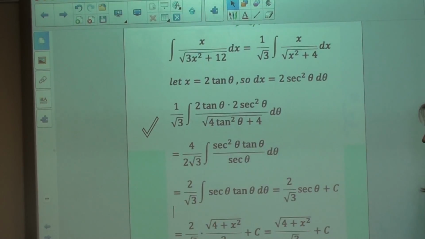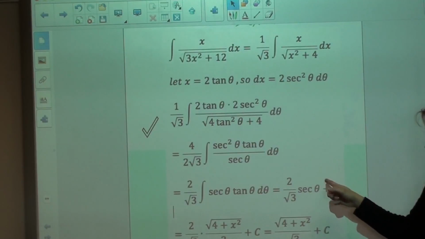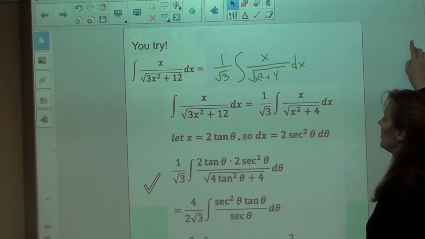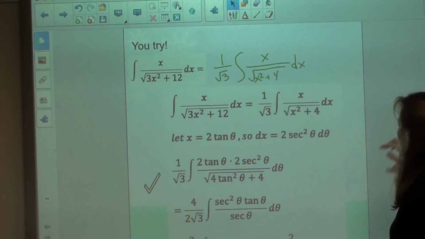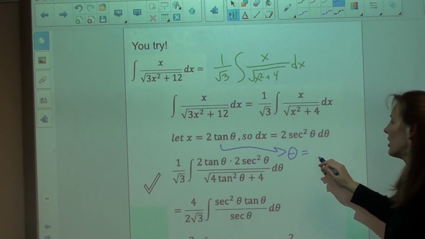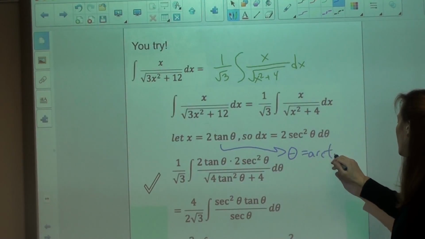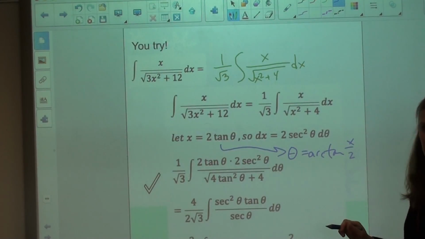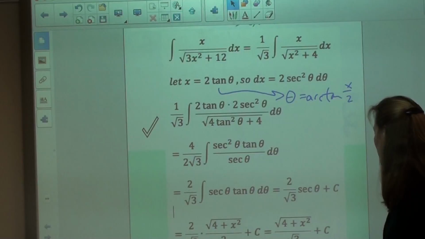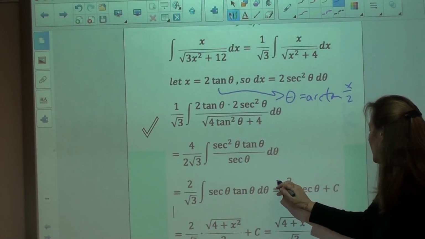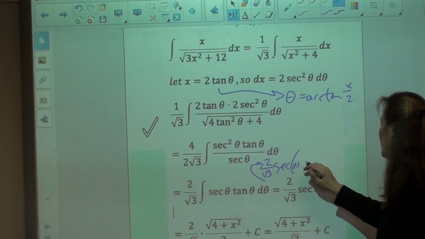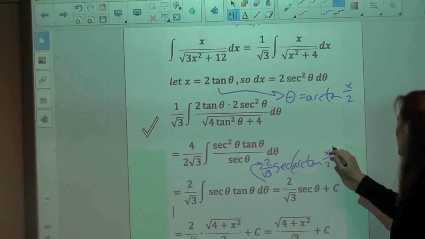I see puzzled faces. Yes? Can you do the last step where you go from 2 over root 3 secant theta? Here to here? Okay, yeah, let's do a triangle. So, what does x equal? x is 2 tan theta, which means theta equals arctan of x over 2. Does that make sense? So I'm going to replace this with 2 over root 3 times the secant of the arctan of x over 2.